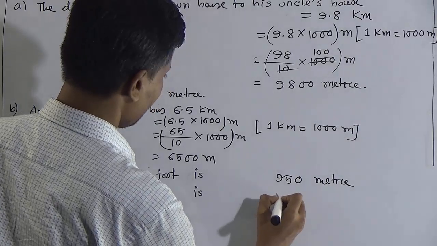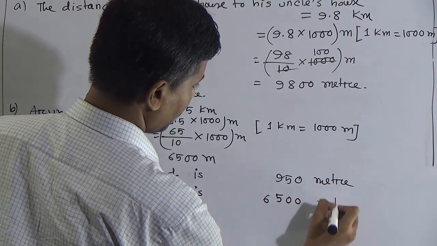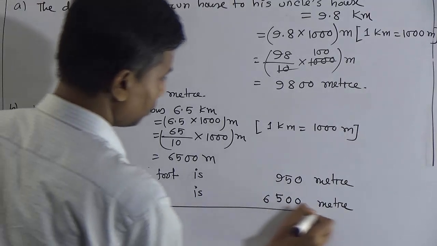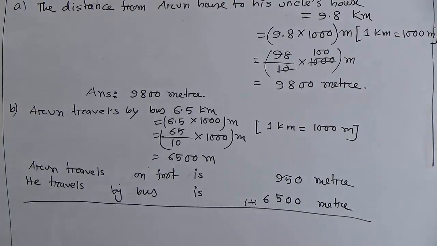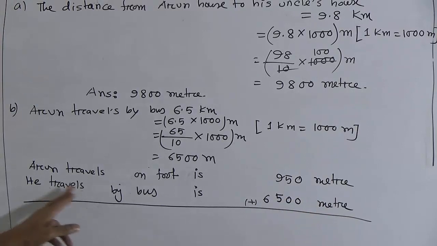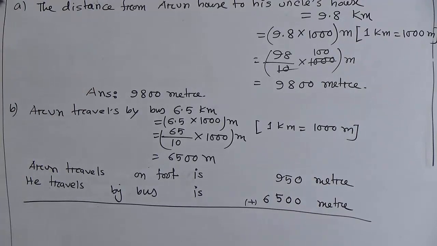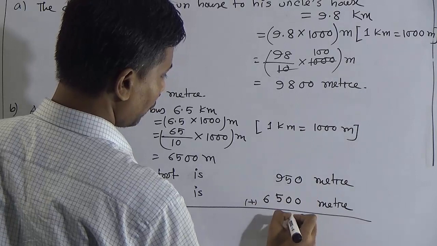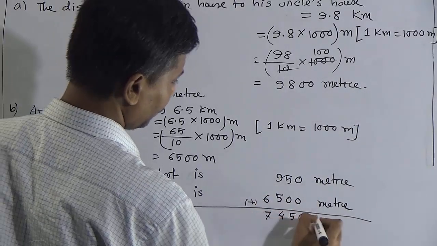That means he travels on foot 950 meter. He travels by bus 6500 meter. Now we have to add: 0, 5, 14, 7.